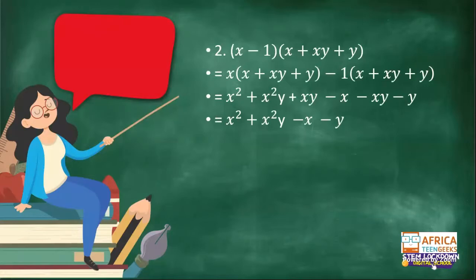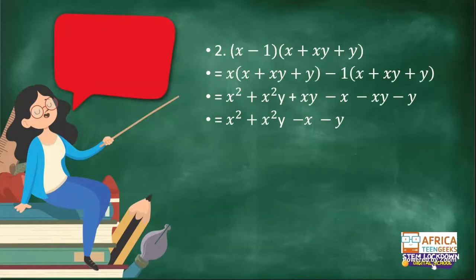So the first one, you'll have x into x plus xy plus y, because we are multiplying the first term with the entire trinomial.